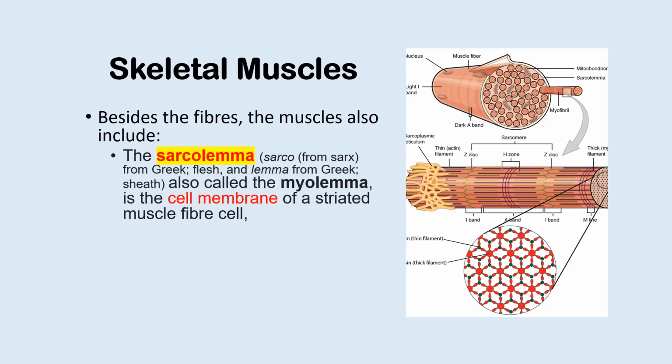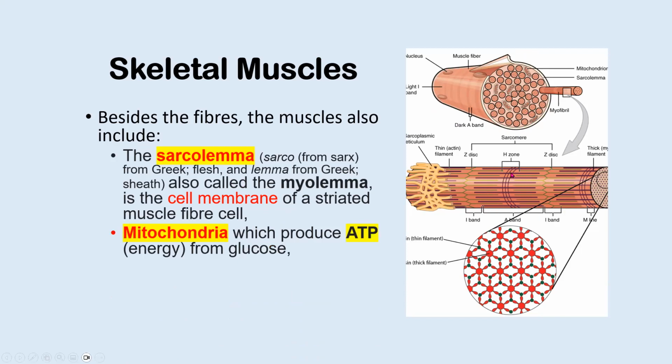So it holds a stack of these fibers that I mentioned. That's probably the easiest way to learn. It covers it, and this is what it looks like side on.